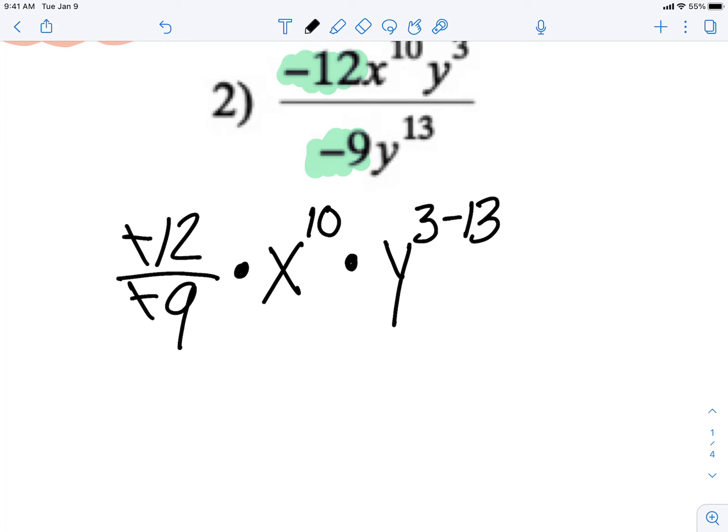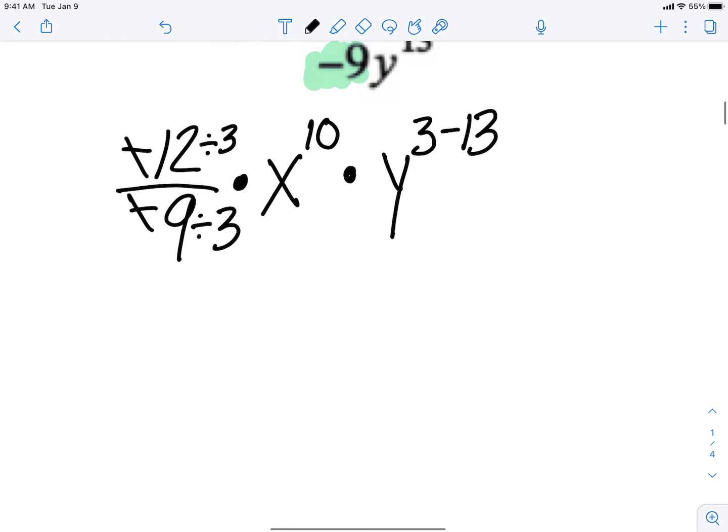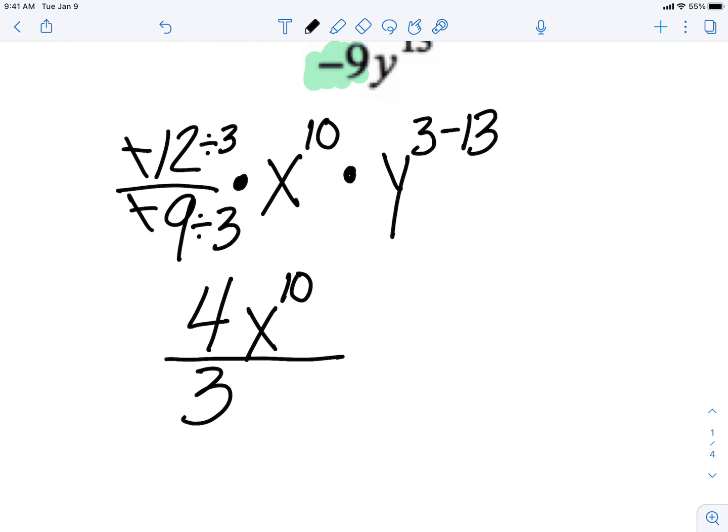And with 12 and 9, I can divide them both by 3. I can reduce them by 3. So 12 divided by 3 is 4. 9 divided by 3 is 3. Okay. Now my x to the power of 10, there's not subtracting anything, I'm not adding anything, so this just becomes x to the power of 10.